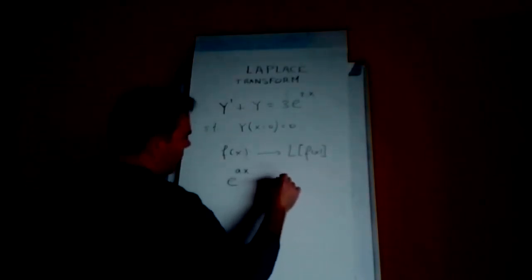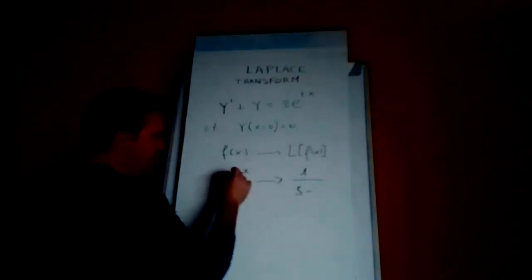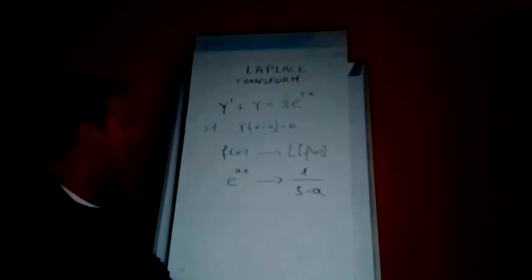For example, for e to the power of ax, the direct Laplace transform is 1 over s minus a, where a is the coefficient in the exponent. We are using this transformation right away in this example, so keep it in mind.